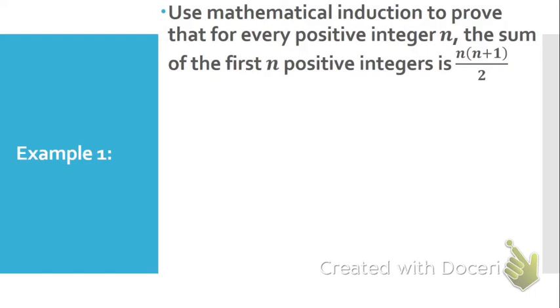Our first example problem. We're going to use mathematical induction to prove that for every positive integer n, the sum of the first n positive integers is n times n plus 1 divided by 2.